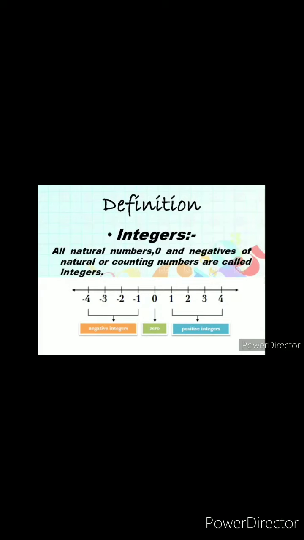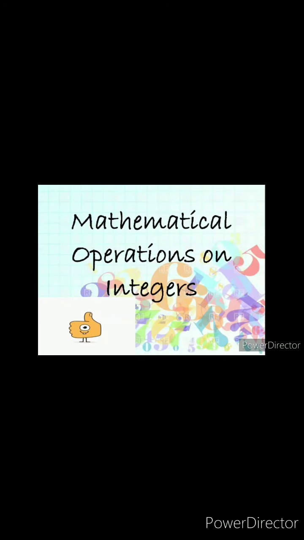Now that we are done with the definition of integers, it's time to learn how to do mathematical operations on integers. Of course, first we are going to learn how to perform addition on integers.